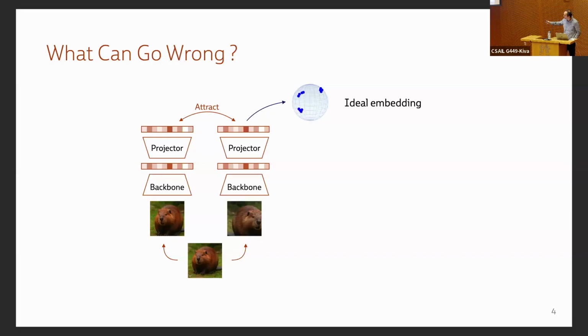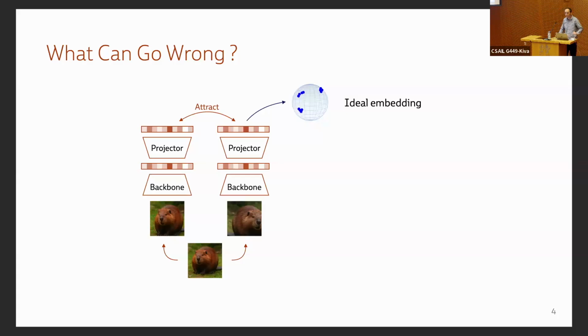Ideally, what we would like to have is this: we project these vectors onto a hypersphere, and here each point corresponds to one image. Ideally, these points are clustered together, so that each cluster corresponds to one concept. So for instance, we have the beaver here and other kinds of concepts in the other clusters.